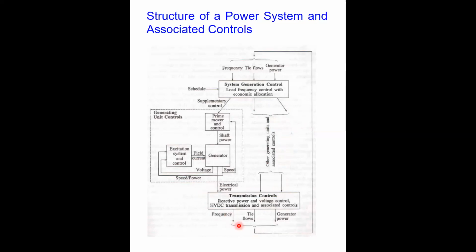So with the frequency information and the tie line power information, we also apply load frequency control. So this is the outer loop, or sometimes we say a secondary loop for frequency control applied in the system. So here, this one refers to the local loop for frequency control. That is basically what we say as primary loop.